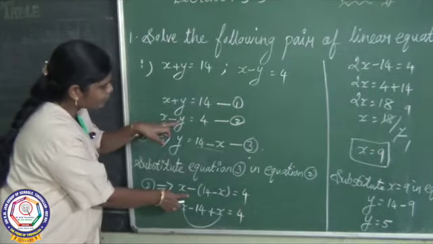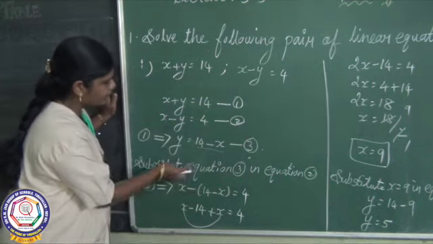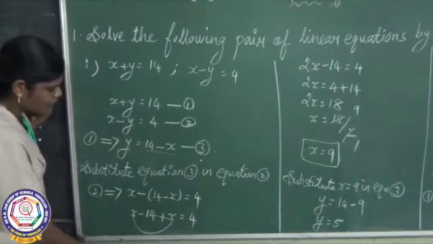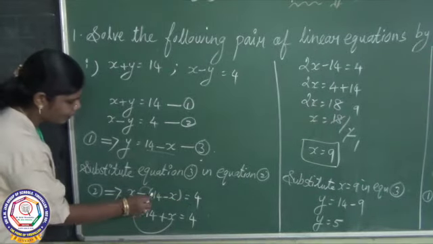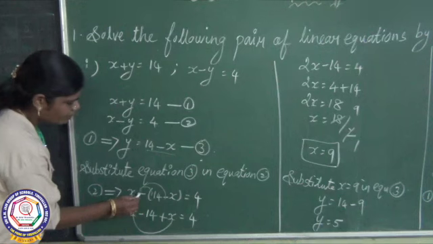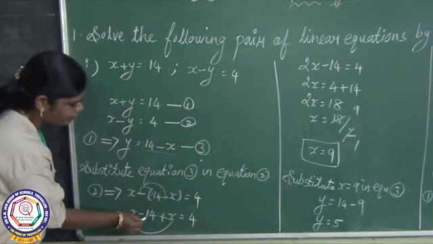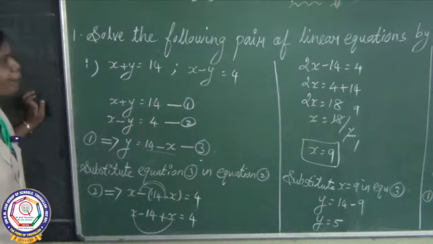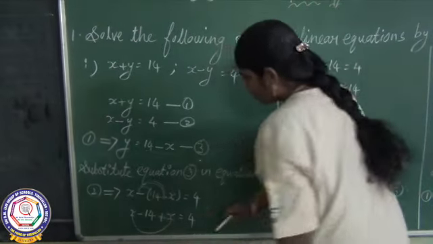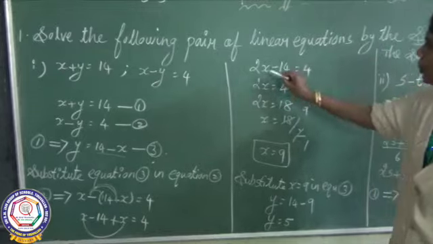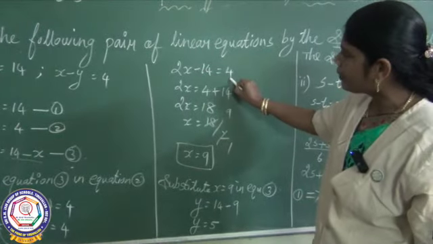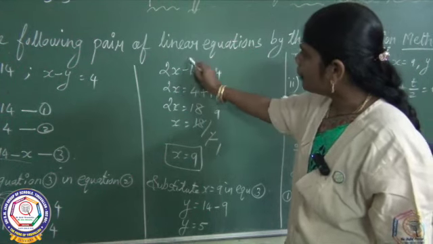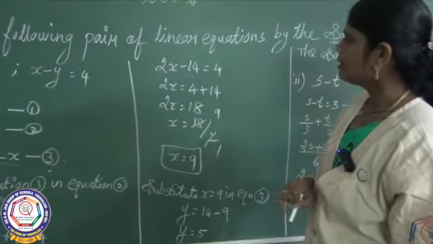Substitute equation 3 in equation 2. x minus y, instead of y you take 14 minus x, equal to 4. So, x minus, multiply by minus: minus into plus you will get minus 14, minus into minus plus x equal to 4. x plus x, 2x minus 14 equal to 4. 2x equal to 4, the minus 14 will change to plus 14.